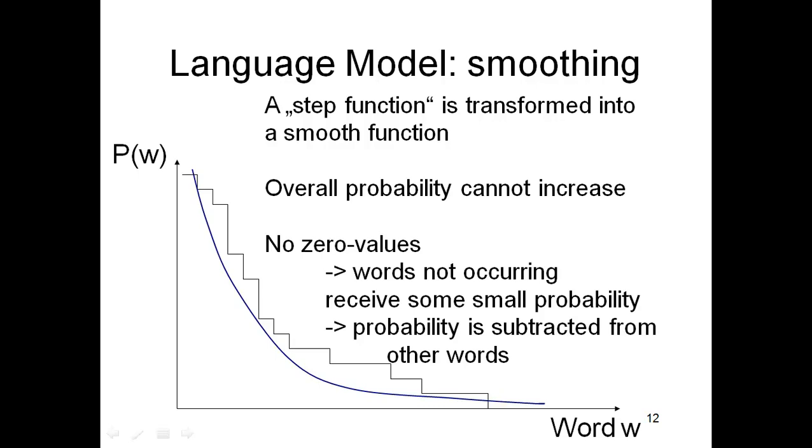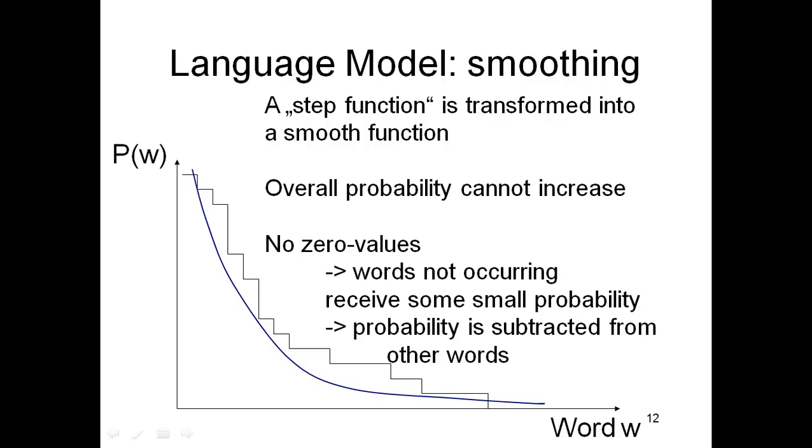And, interestingly, it wants to assign a certain non-zero probability to all the words that do not occur in a special document. That means, in practice, even if I search for a word, if my query word is not in the document, I still have a low probability of finding this document.